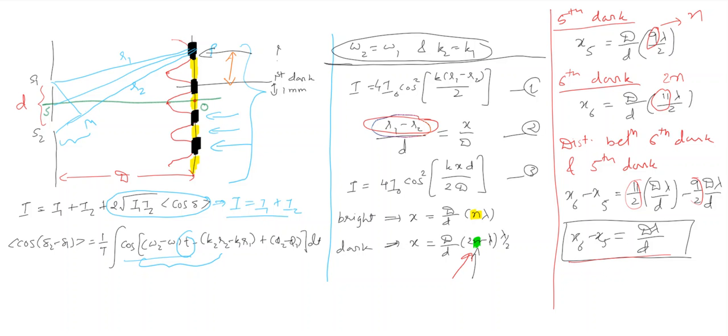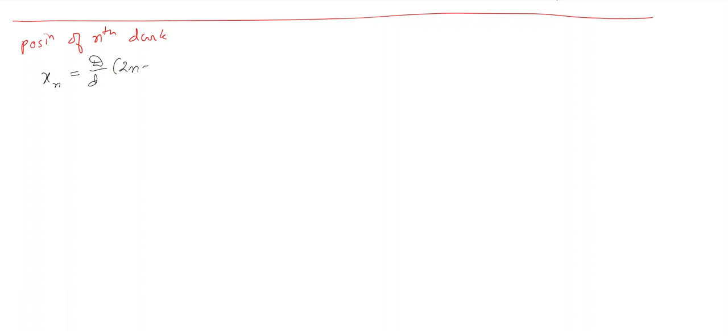Let us try that out. Position of the nth dark, let me label it as xn, then it will be D by d, 2n minus 1, lambda by 2. And who is the next dark?